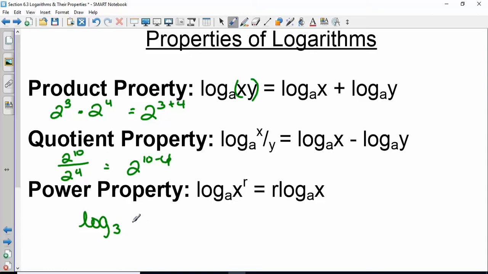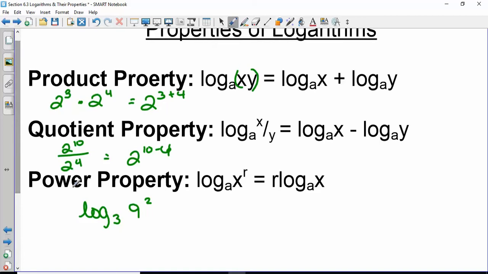Log base 3 of 5 squared. Or let's not do 5, let's do 9. If I asked you to simplify that, you set it equal to x, then change it to exponential form, and you get 3 to the x equals 9 squared.